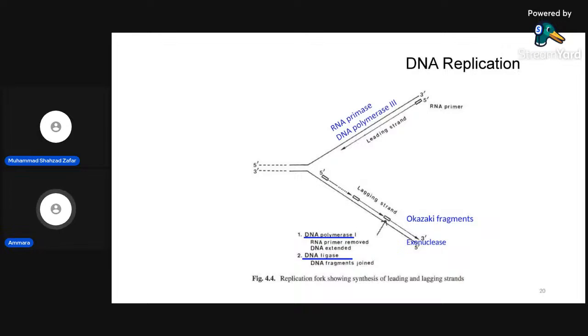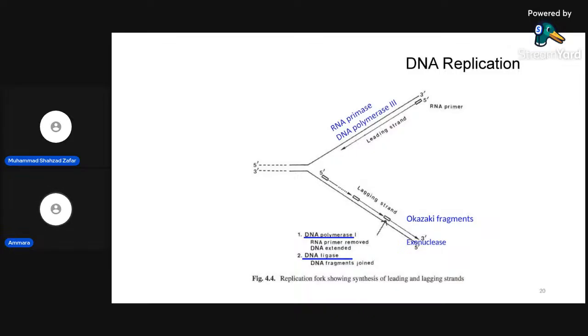On that lagging strand, you obtain different patches. You have synthesized the new strand in a patch-like structure, and those patches are called Okazaki fragments.